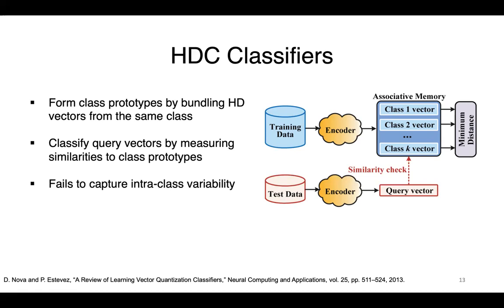However, this HDC classifier we just introduced can suffer from certain issues. In particular, any one class prototype representing a large number of HD vectors may fail to capture intra-class variability. And also, while class prototypes capture major similarity among hypervectors of the same class, they could fail to capture hypervector differences between classes.